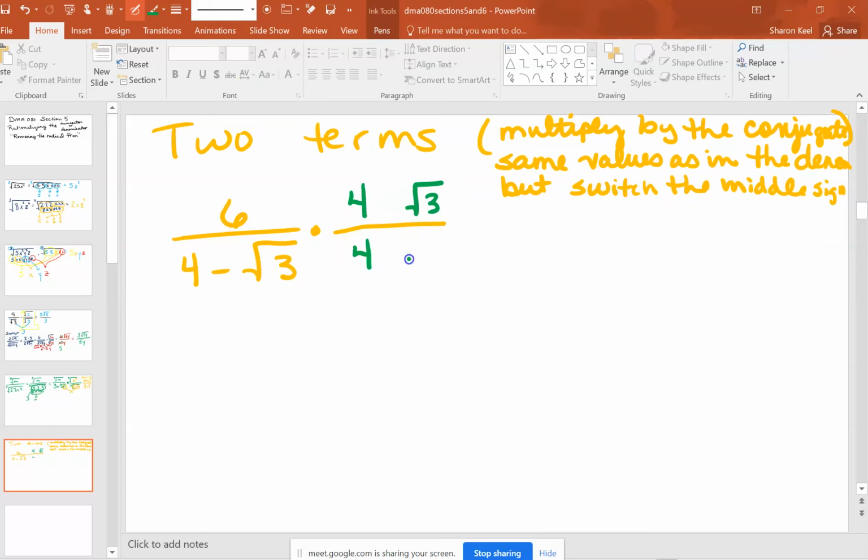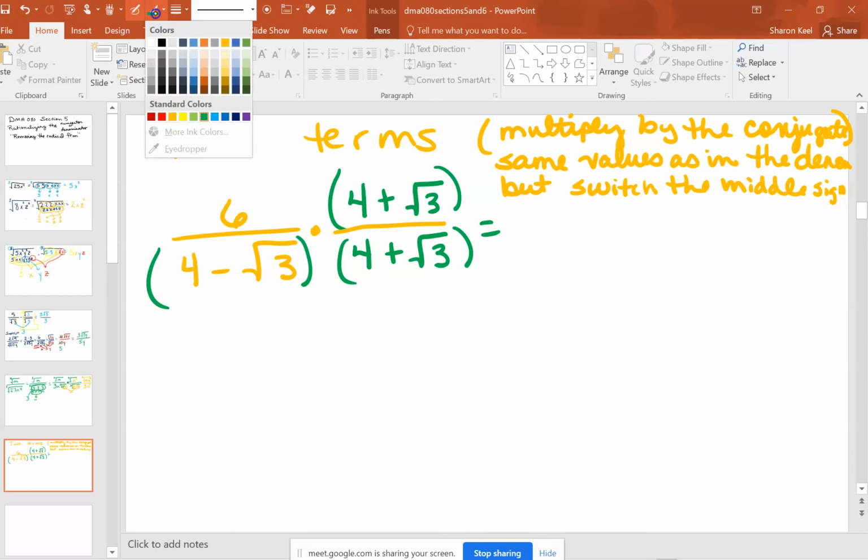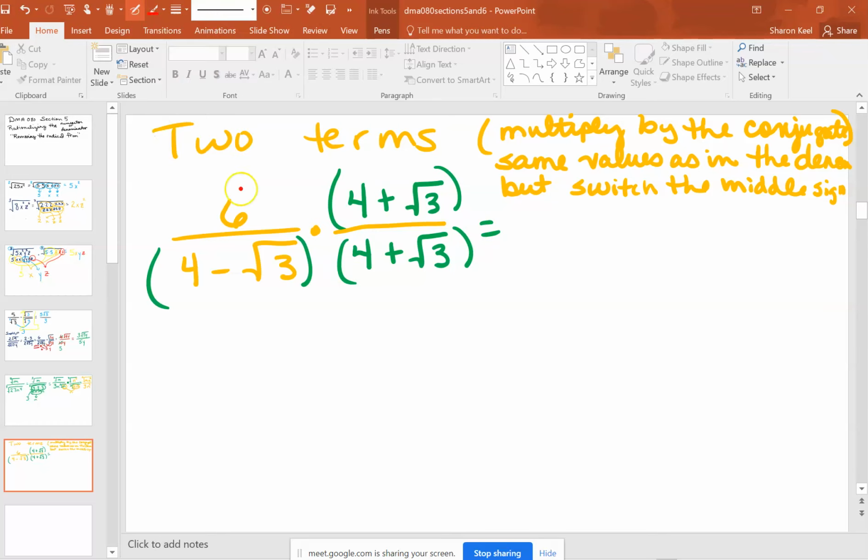These are both going to become addition. Okay, so that's really what we're going to do. In the numerator, we are going to distribute the 6 times the 4 and the 6 times the square root 3. 6 times 4 is 24. And then we have a plus, and then it's just going to be 6 square root 3.